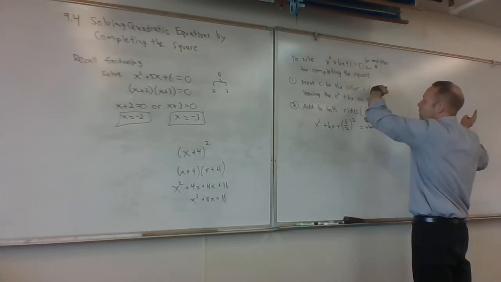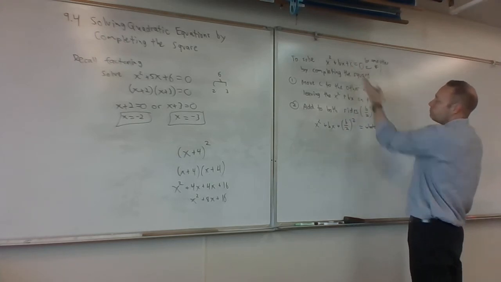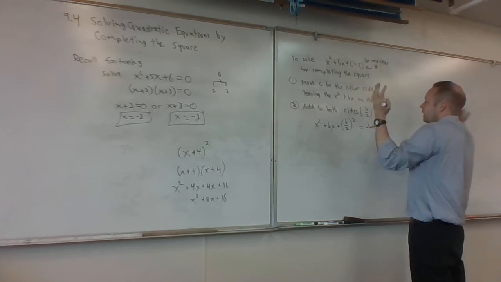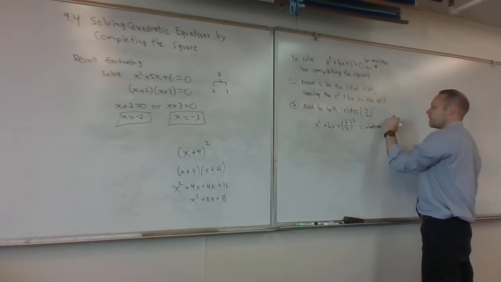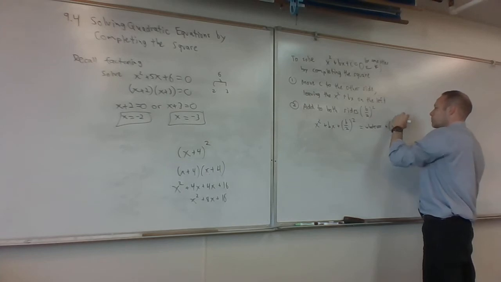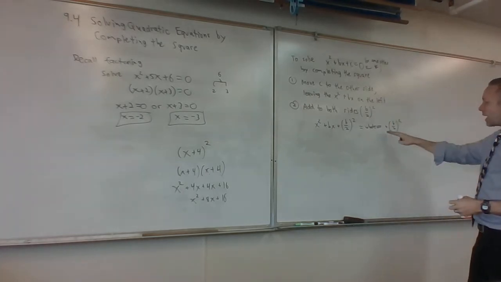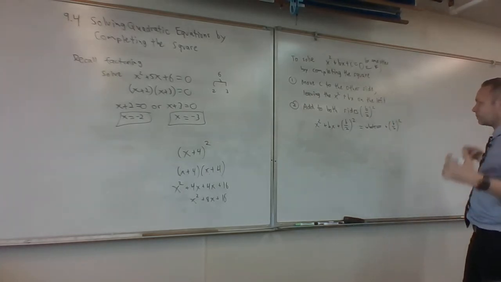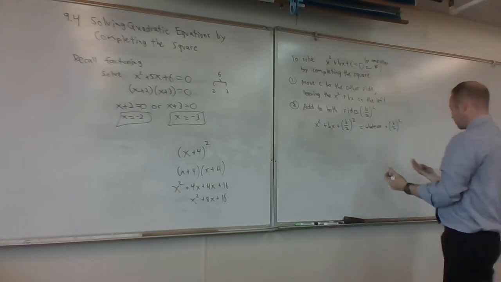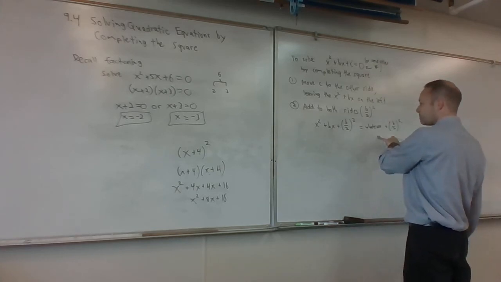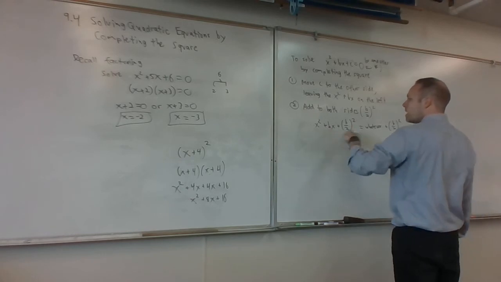And we moved the c over, so we had some number minus c, and we don't really care what that is. Whatever plus b over 2 squared is a different whatever number. We don't care about that as much, so that'll come up when we solve.